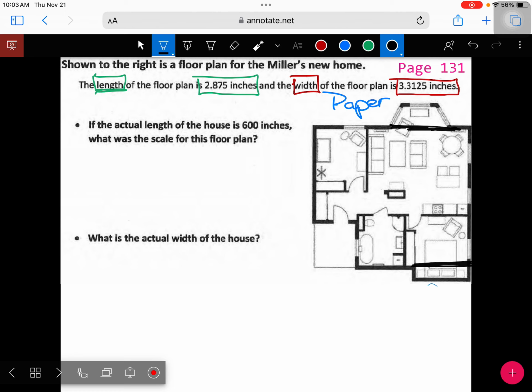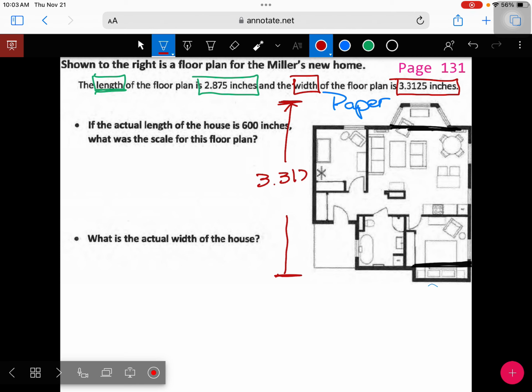So, it says 2.875 by 3.3125. The bump out areas, we're going to say that's the longer side, so that is the width. From here down to here, this is going to be our width, which is 3.3125 inches.